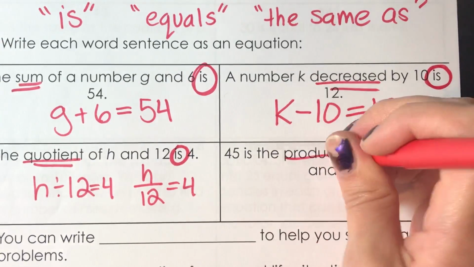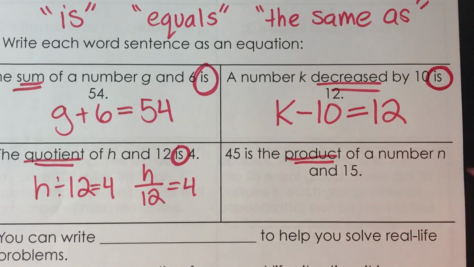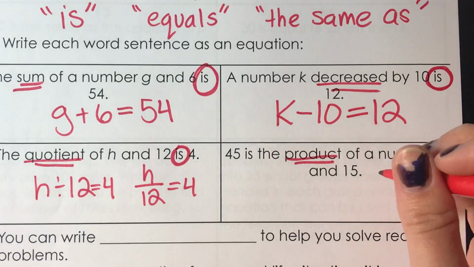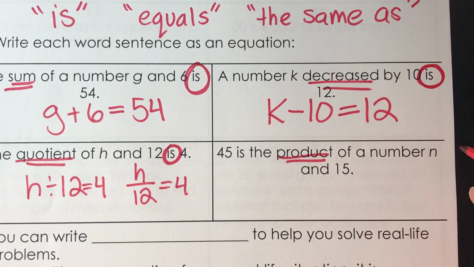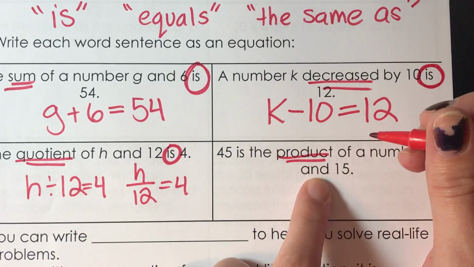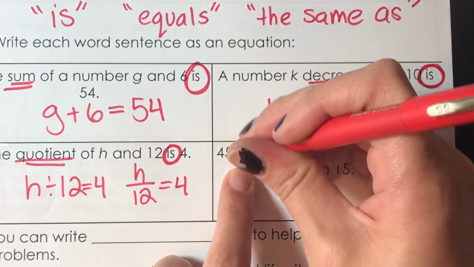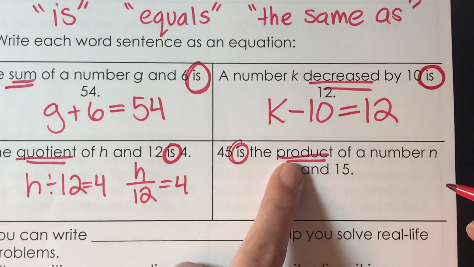45 is the product of a number n and 15. Well, product, I don't see the word and. Sorry, I do see the word and. 45 is the product. Product means answer.